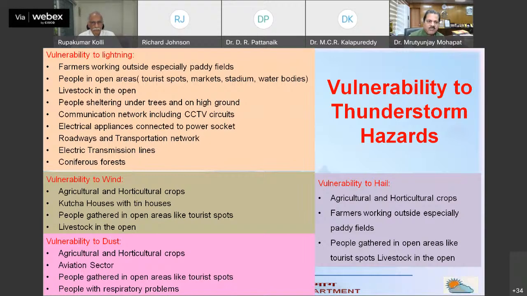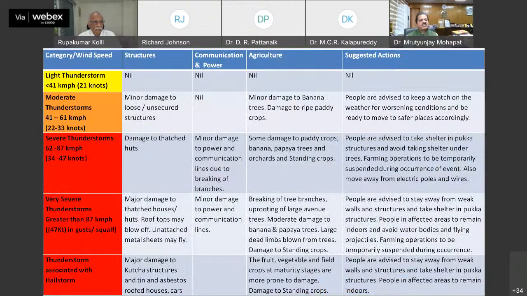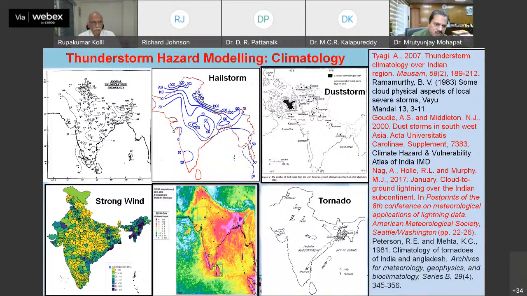which made people vulnerable. So what we did initially was start with a threshold mechanism, giving different colors like green, yellow, orange, red, depending upon the associated winds, the expected gusts and squalls, and the hailstorms, etc. We also consider the climatology of various parameters like hailstorm, duststorms, tornado, strong winds, etc. In that way, we could find some kind of vulnerability mapping by considering those winds which have led to damage to structures and loss of lives.